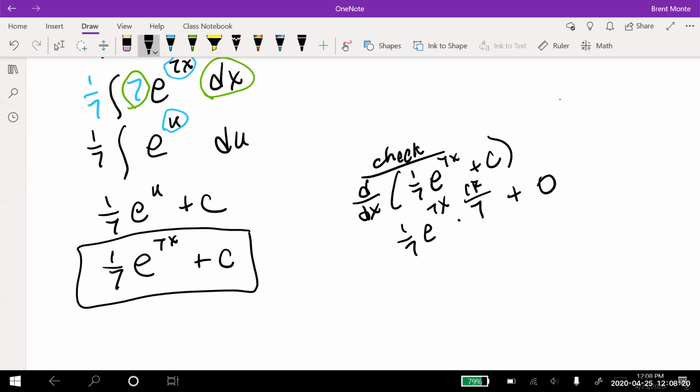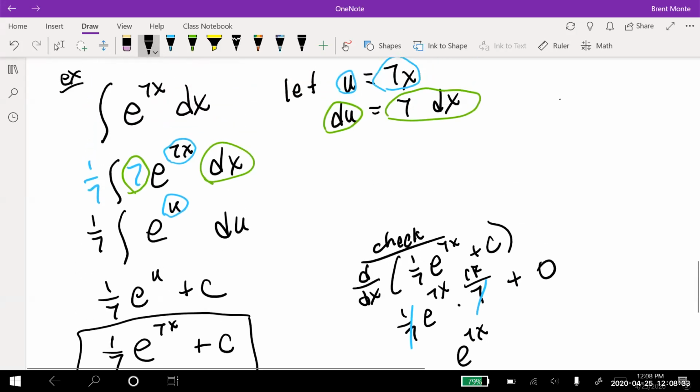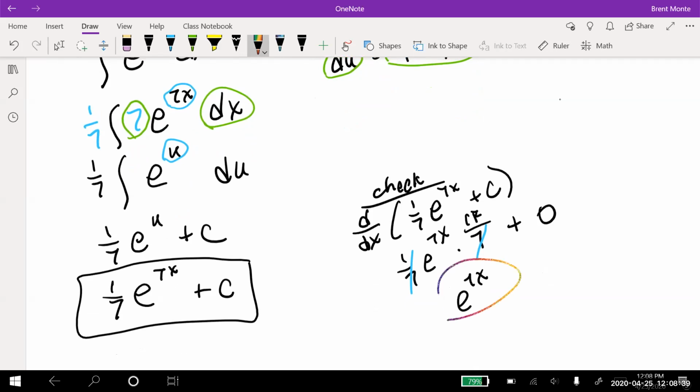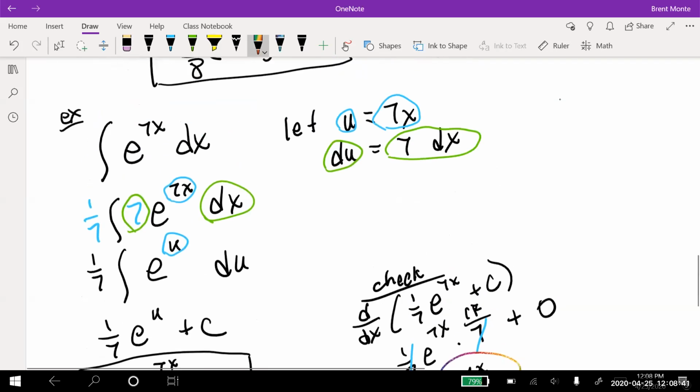And then plus c goes to 0. But then the 7 here cancels with the 1/7 here, and I just get e to the 7x. Well, is that what the original problem was? Sure was. So notice this e to the 7x was exactly what I started taking the antiderivative of.